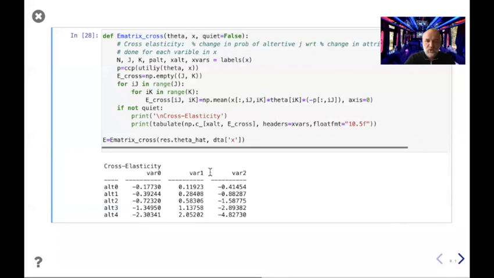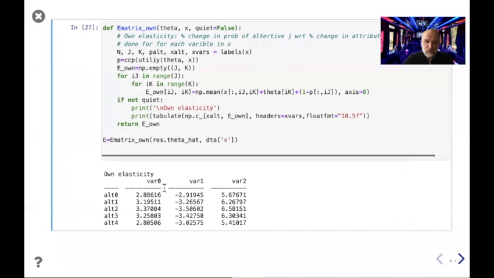Then you can calculate them for different variables, and you see that the cross price elasticities have opposite sign for variable number 2 because theta 1 was negative and theta 0 was positive. Also here they have opposite signs, and the effect is bigger because you got a higher coefficient. So things seem intuitive and well understood.